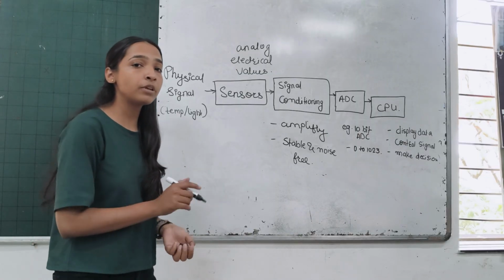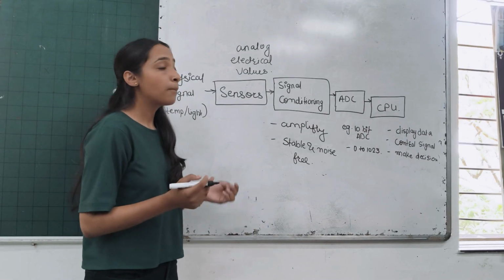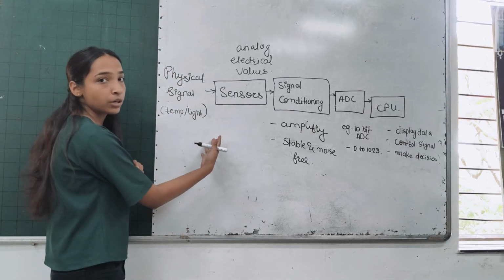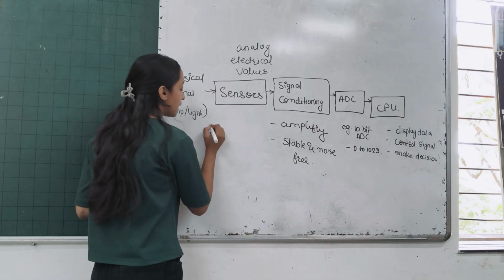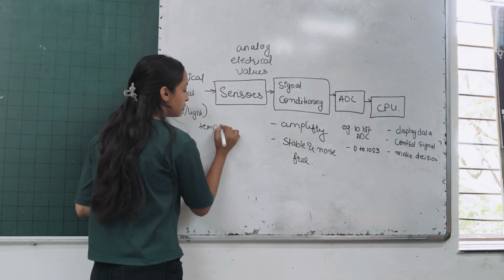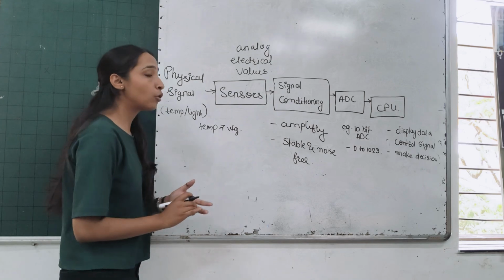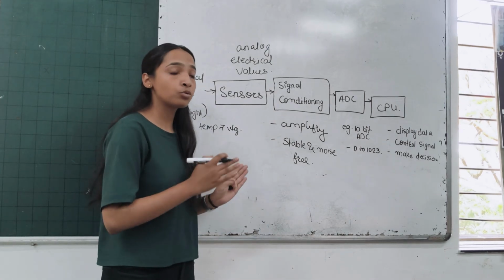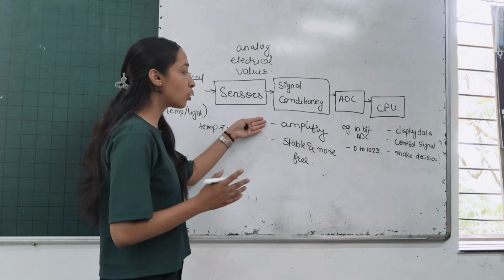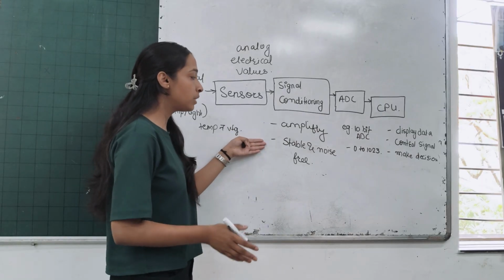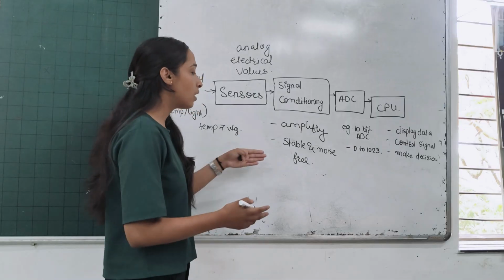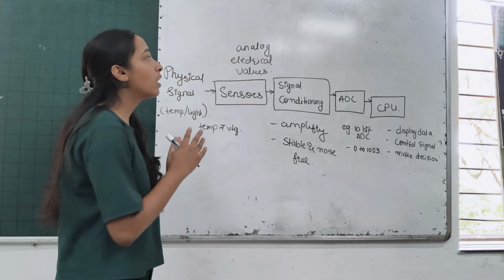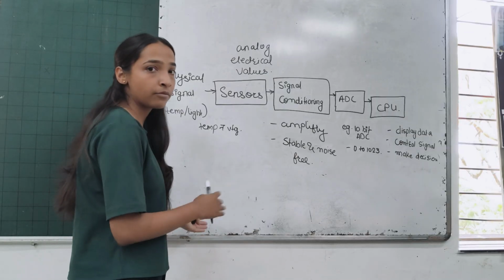For example, the physical signal, like temperature, is converted into a voltage, and in the output we need a voltage between 0 to 5 volt, but here it is giving between 0 to 2 volt. The signal conditioning block will amplify the signal. It will keep the signal stable and noise free. Then the signal conditioning block will convert it within the specified voltage range, as I have already told.